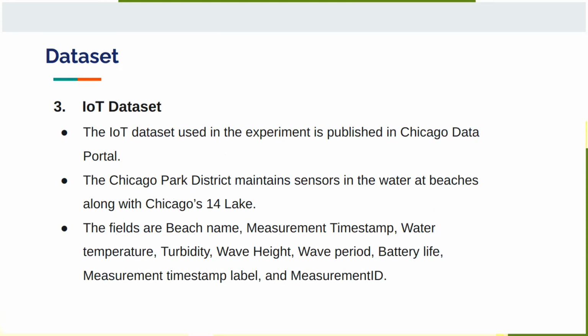I took this data set from the Chicago data portal, and it is about 14 different lakes in Chicago. The fields of this data set are beach name, measurement timestamp, water temperature, turbidity, wave height, wave period, battery life, etc.